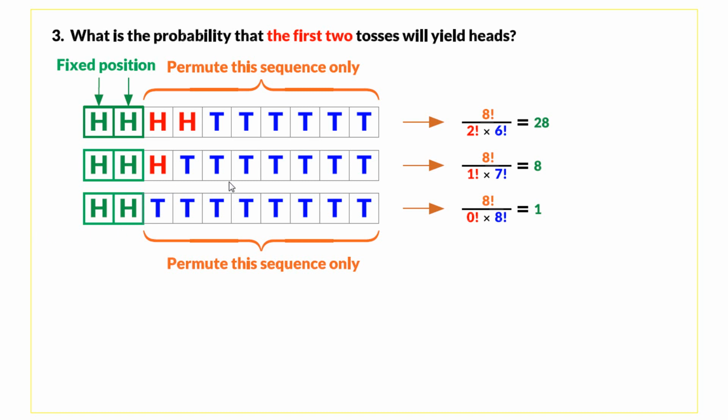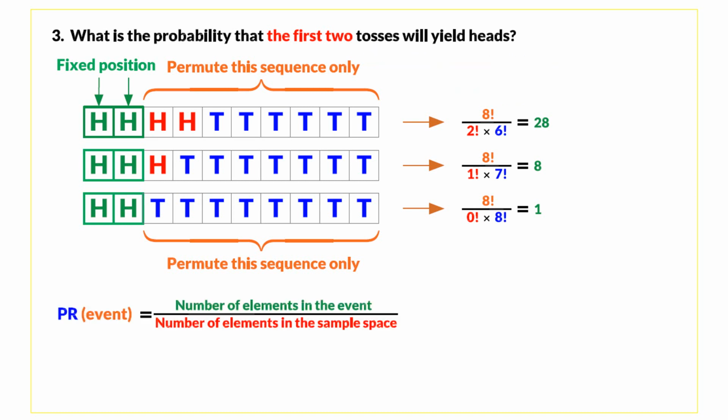We cannot assume the case of 9 tails, because in such a case T will occupy this head cell here, and we will end up with 1 head, and that violates the question which assumes that we should have 2 heads at the beginning of the sequence.